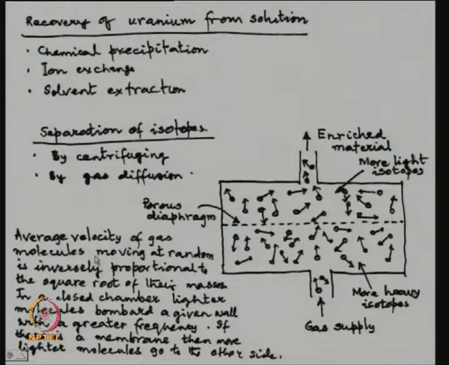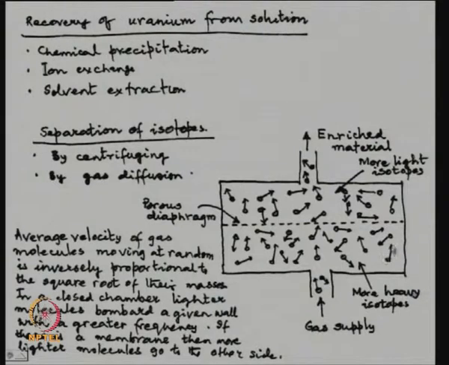So, we say that the average velocity of gas molecules moving at random is inversely proportional to the square root of their masses. In a closed chamber, lighter molecules bombard a given wall with a greater frequency. If there is a membrane, then more lighter molecules go to the other side.